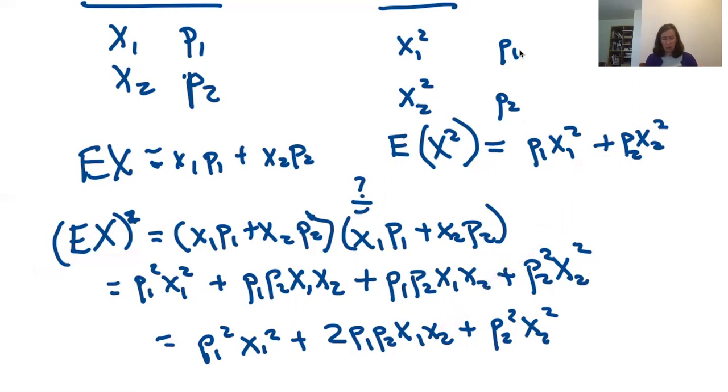We've also got squares of the probabilities in this, and only the non-squared terms here. So it's not looking real promising. These are not obviously the same.